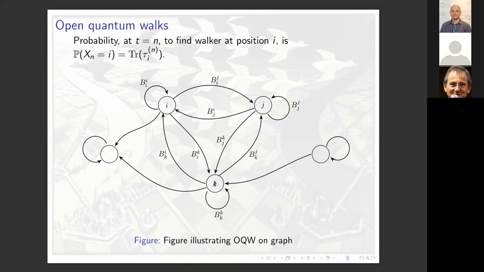So that's describing the transition from k to i. And of course, I've added in these self loops here. B_ii just describes a situation where the walker starts at node i, you apply the map, and it doesn't go anywhere, so it stays at site i. Hopefully this illustration helps a little bit.